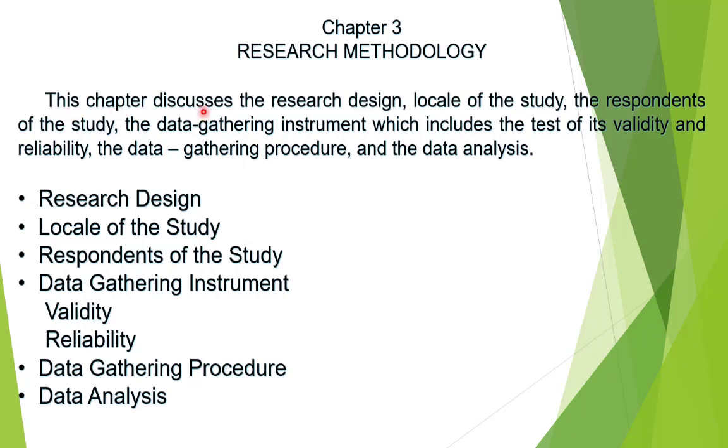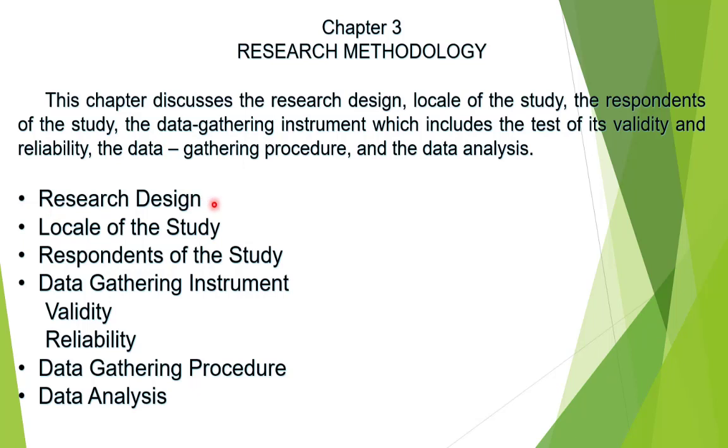For example, this chapter discusses the research design, locale of the study, respondents of the study, the data gathering instrument, which includes the test of its validity and reliability, the data gathering procedure, and data analysis. You are going to discuss these enumerated parts one by one.